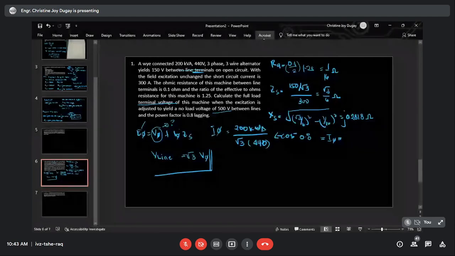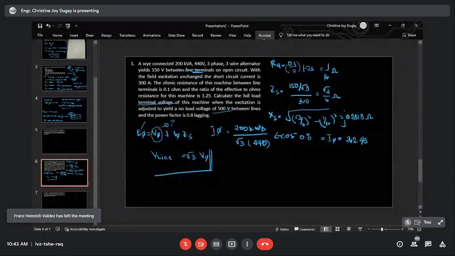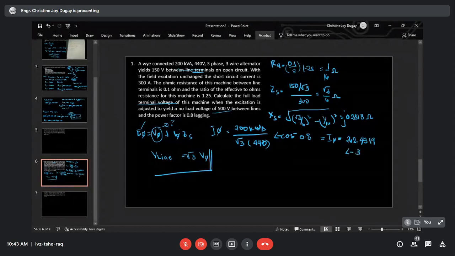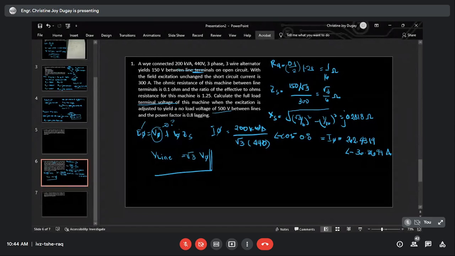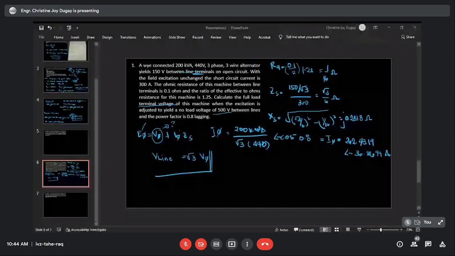The 440 volts is only V connected, ma'am. 262.43 at an angle of negative 36.99 amperes. That's the value that I got. Okay, who spoke earlier? Ma'am, it's correct pala. Okay, yes ma'am. Okay, let's continue.